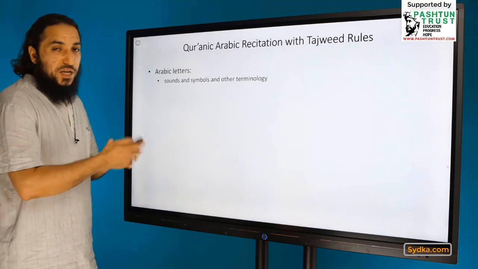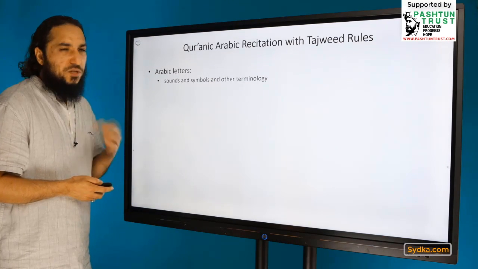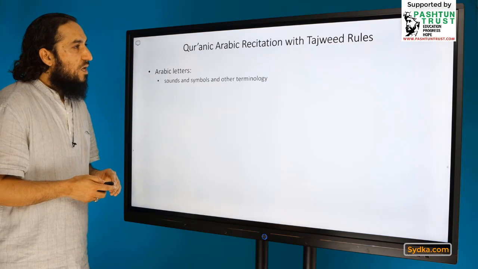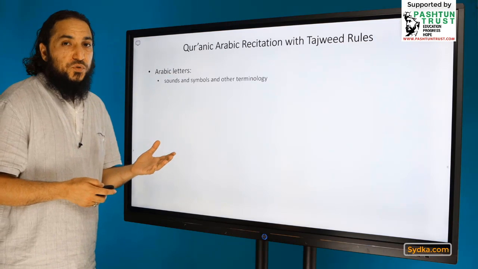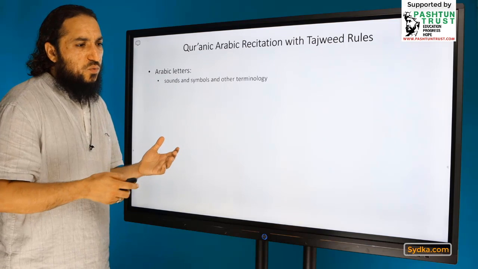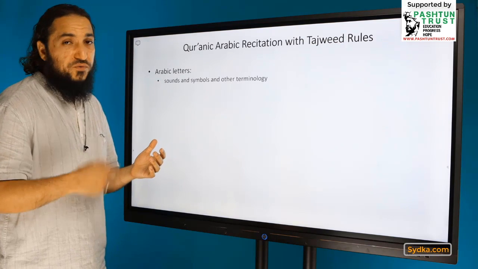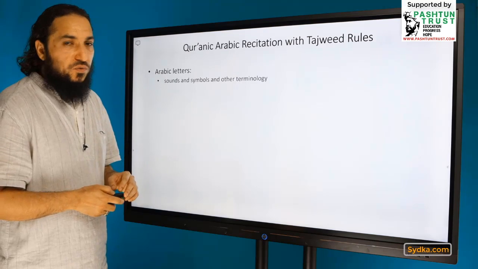Okay, so I have another table for sounds and terminal symbols. That should help you if you are reading Quran with some help in transliteration, or if you're doing research related to Quran.